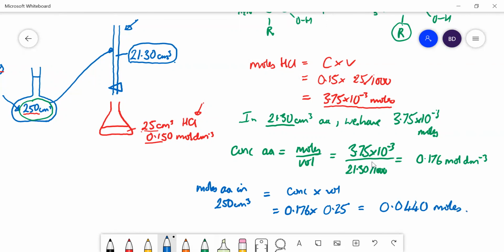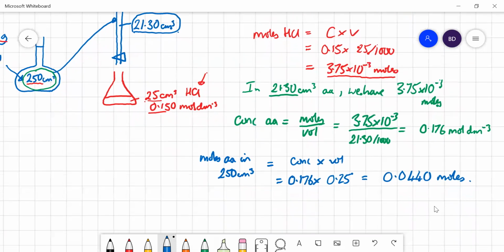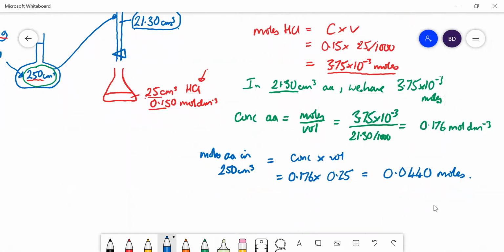Okay, so we know the moles and we know the mass of that amino acid. They told us it was 5.766 grams. So let's work out the MR of the amino acid, which is equal to the mass over the moles.